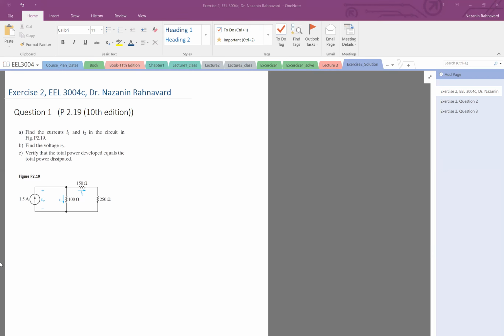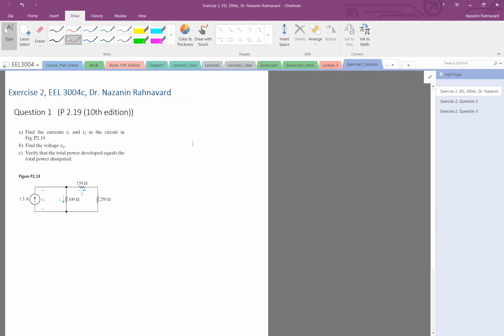Okay, so this is one node, node A, and I can write KCL on this node. Remember the convention that we use: for currents going out of a node, leaving a node, I put plus.